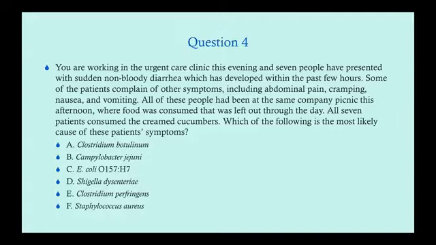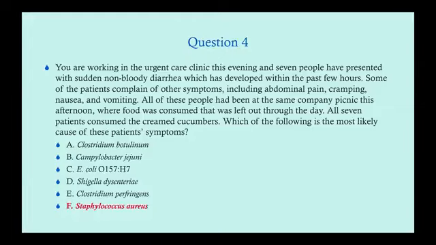Okay, so this is telling you non-bloody diarrhea. If you know, as you should, your different microbiologic causes of non-bloody diarrhea versus microbiologic causes of bloody diarrhea, you should be able to eliminate some right off the bat.